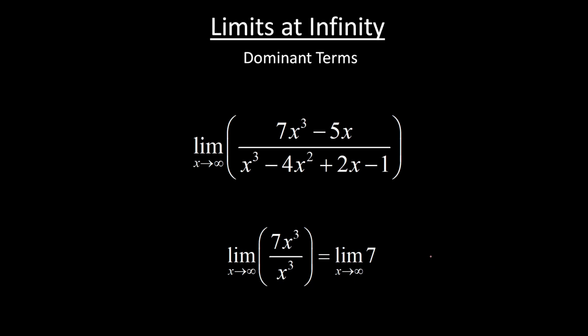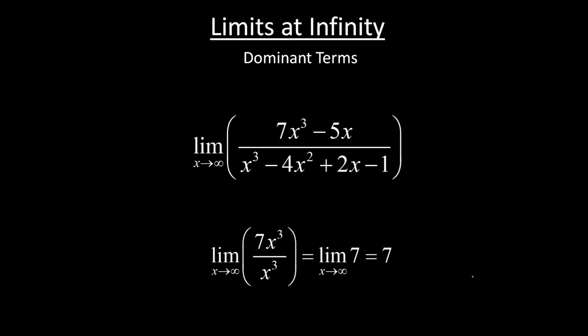And this is a common mistake beginning calculus students make when they see something like this. And I can't stress enough that the limit of a constant is always that constant. It doesn't matter what x is approaching. It doesn't matter. The limit of a constant is always that constant.